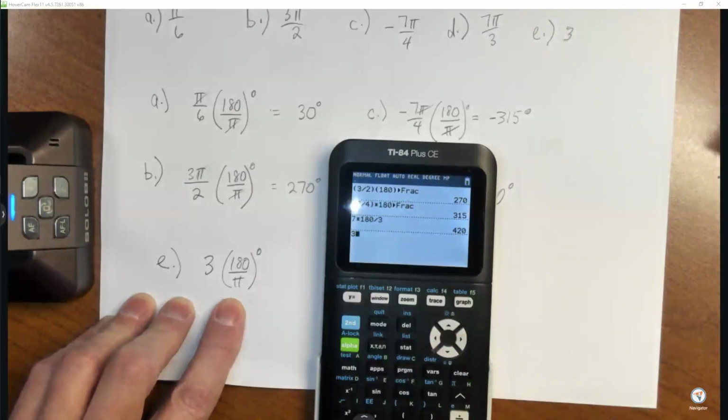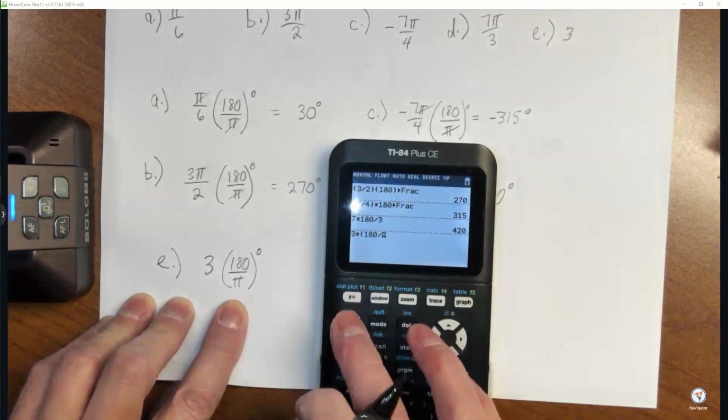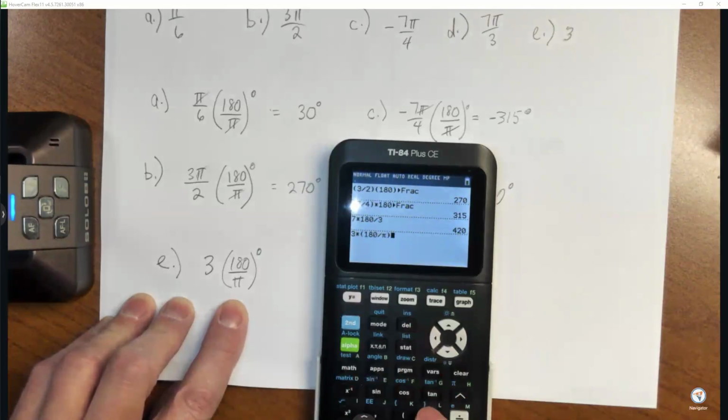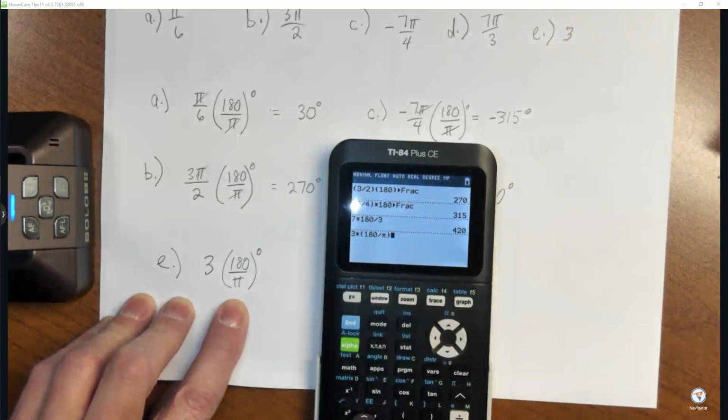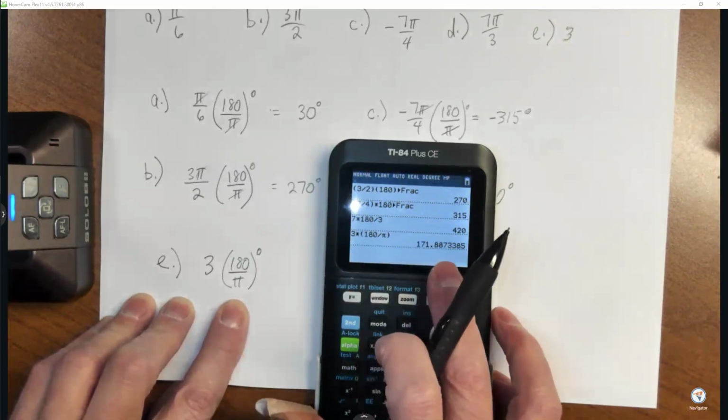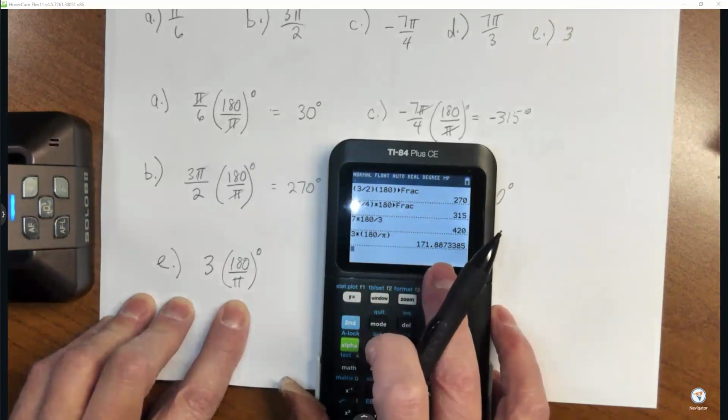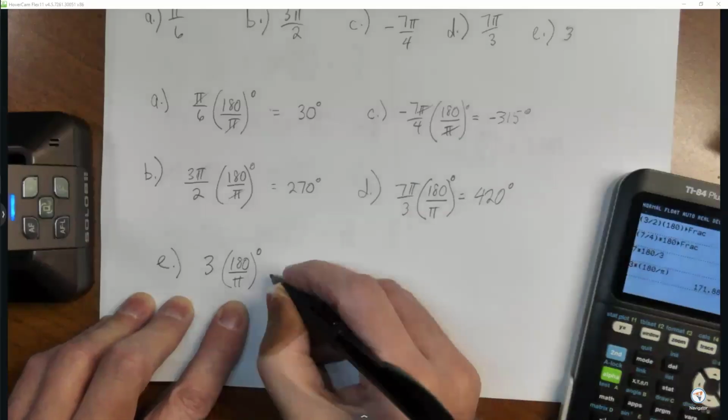So we'll take 3 times 180 divided by pi. Let's go out 3 places. We're going to get 171.887 degrees.